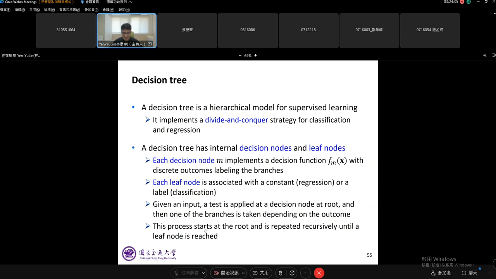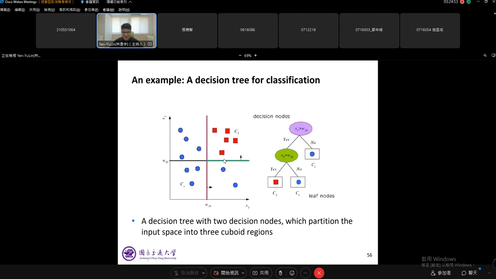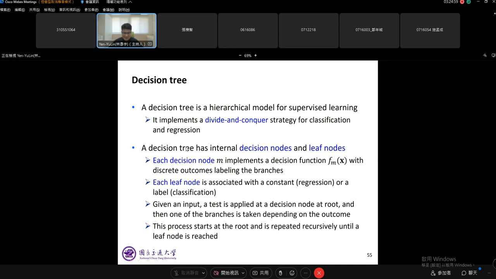The process is recursively carried out until a leaf node is reached. So this is the property of a decision tree. I know it may be very ambiguous if we just look at the definition here, so let's consider one example. You can use this example to match the statements given in this slide.